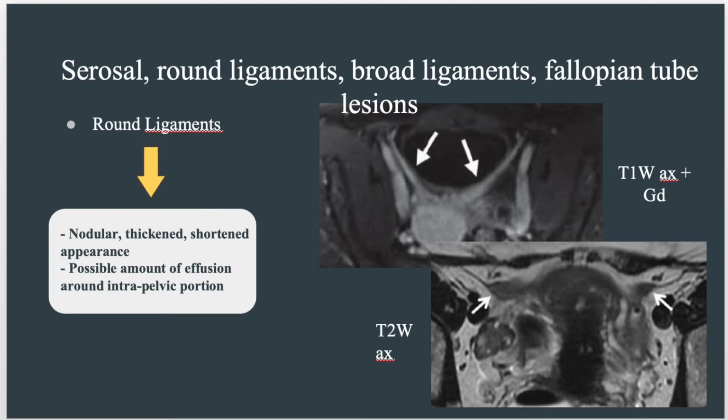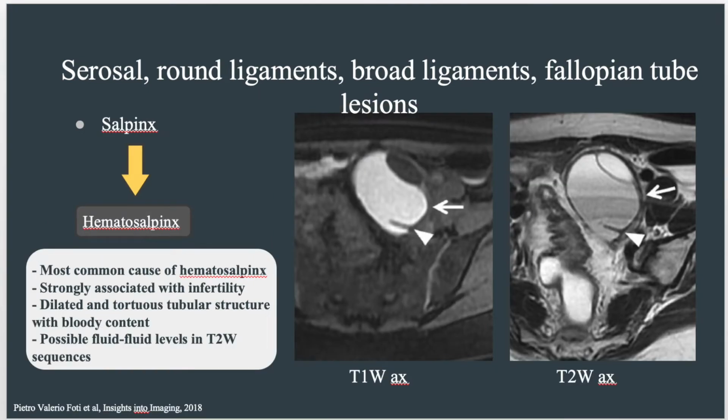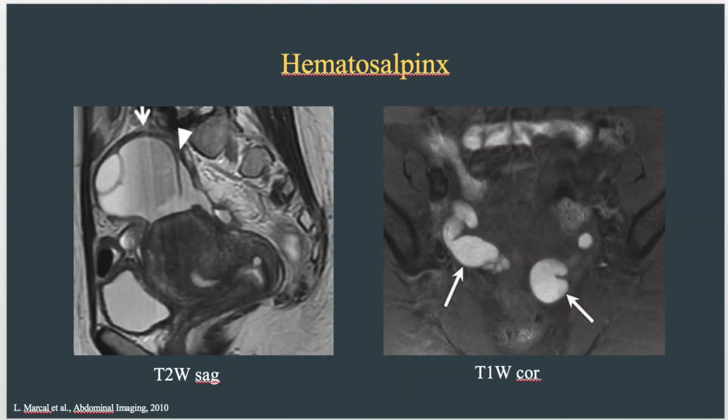Regarding the salpinx, remember that the most common cause of hematosalpinx is endometriosis, so if we see a hematosalpinx, we must suspect endometriosis. In particular, we can see hematosalpinx in the T1 sequence as a tubular, dilated, tortuous structure with T1 hyperintensity, which is the blood inside the salpinx.